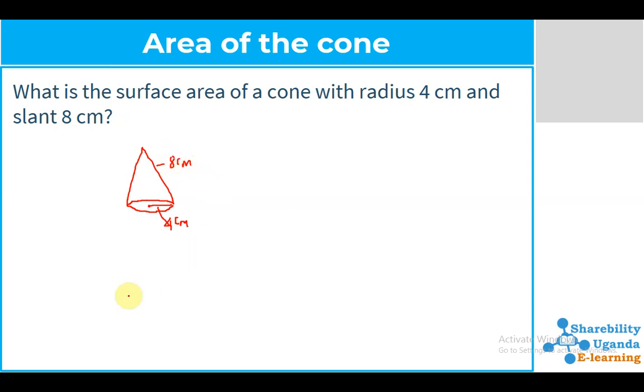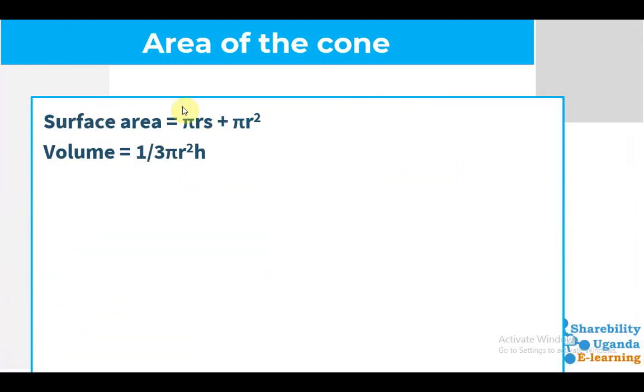Now, in our recent video, we explained the formula for the surface area of a cone, which is pi r s plus pi r squared. That was the formula we used, and we saw how they came up with it.